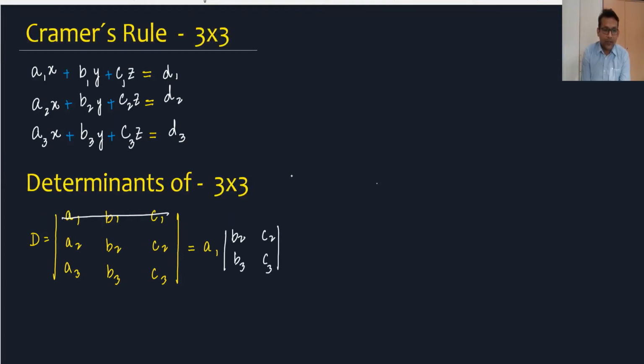Then after this, this is positive, this is negative, this is positive. Now I will write this minus sign and I will write B1, and then I will write again the determinant of a 2 by 2 matrix, which is when I cancel this, you will have only A2, A3, and C2, C3.